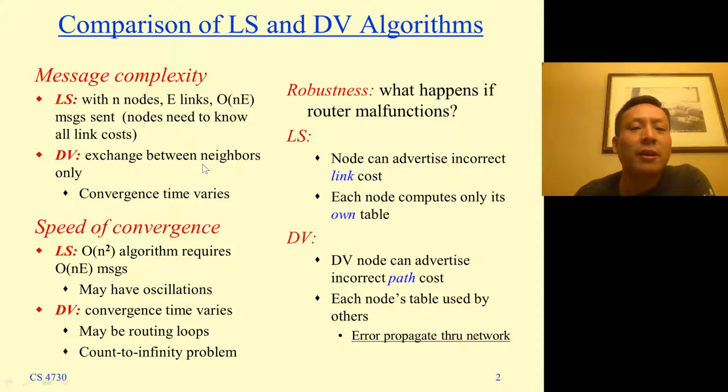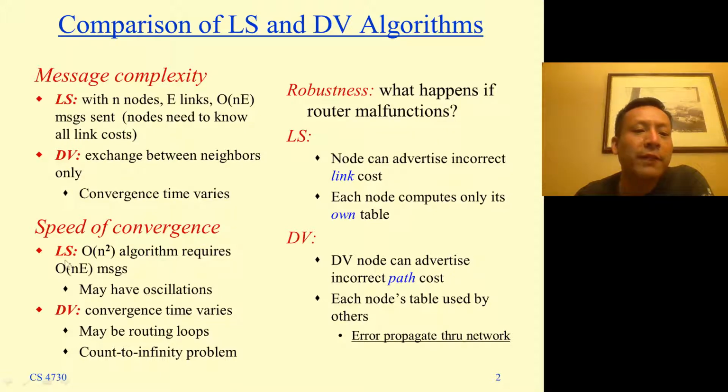So it takes a long time to converge, and the convergence time varies depending on how big the network is. In terms of speed of convergence, these two algorithms also differ.